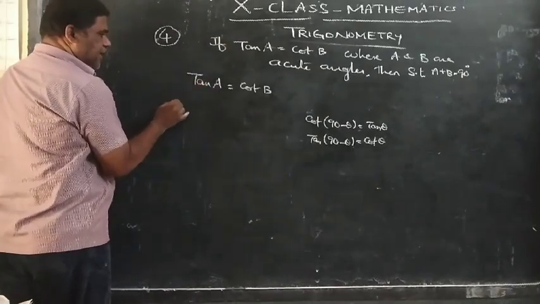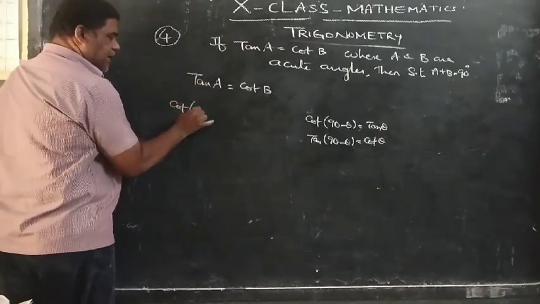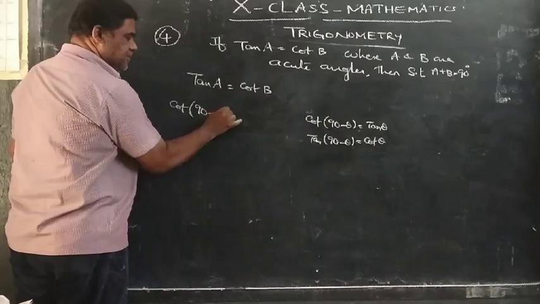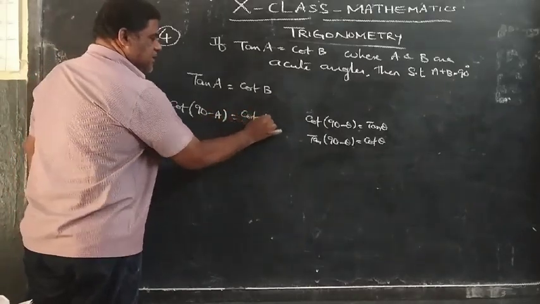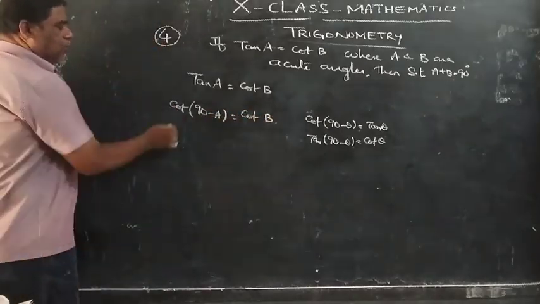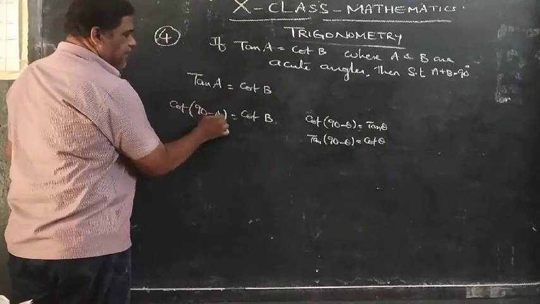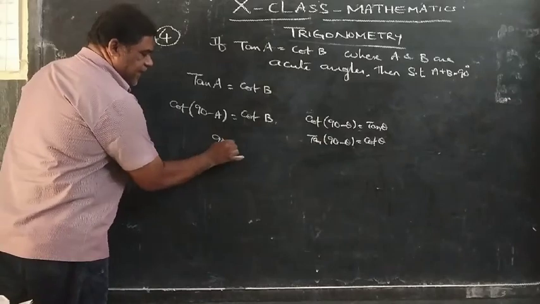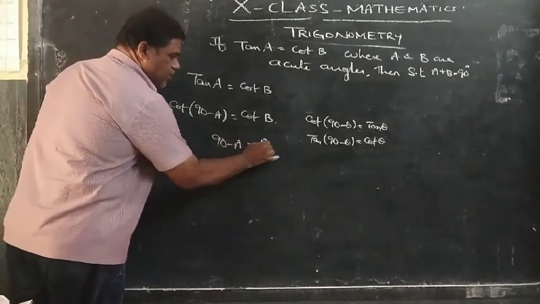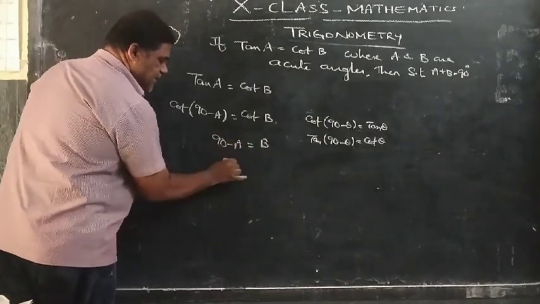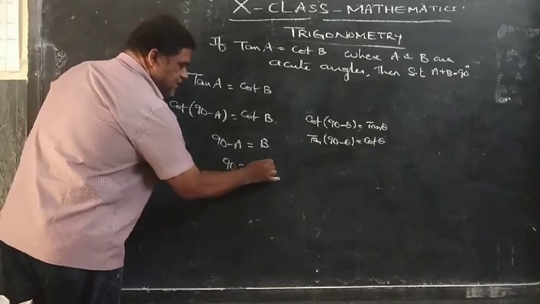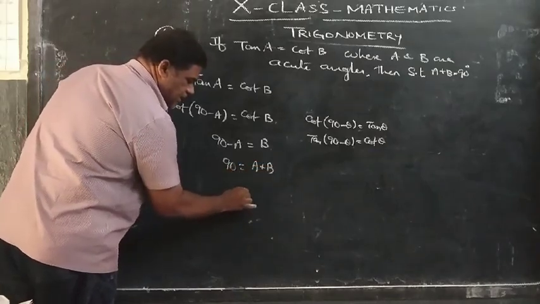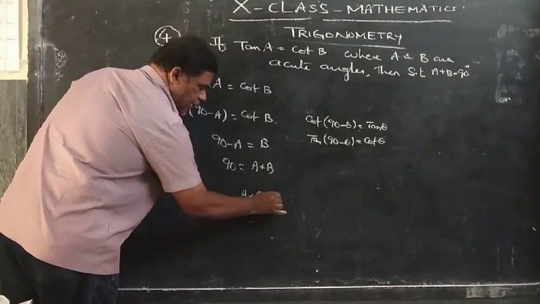So tan A you can write as cot 90 minus A. Right side you keep as it is, cot B. Now both are cot only, cot 90 minus A, cot B. You can remove cot on both sides. So we will get 90 minus A is equal to B. Send minus A that side. Then you will get A plus B. Therefore the answer is A plus B is equal to 90 degrees.